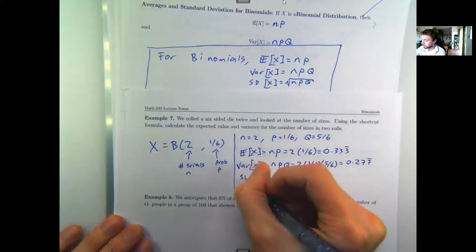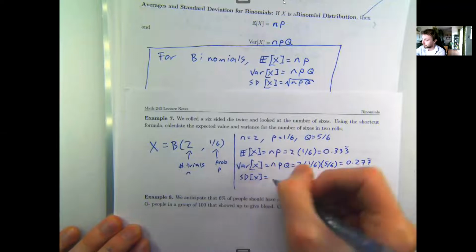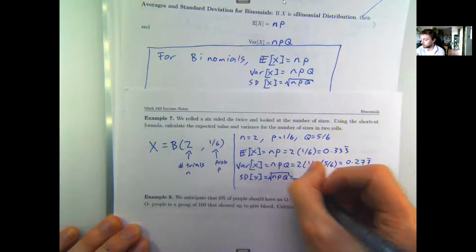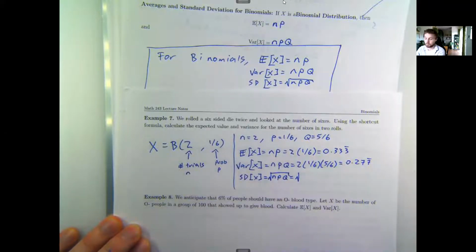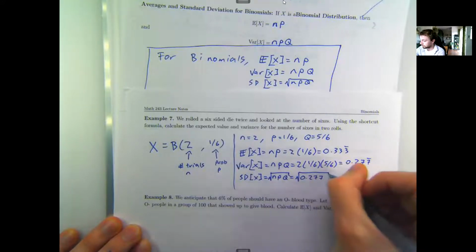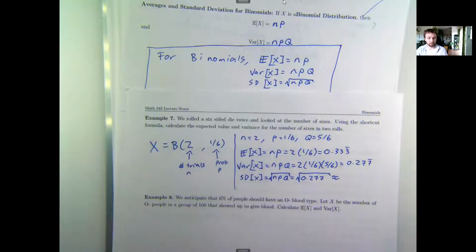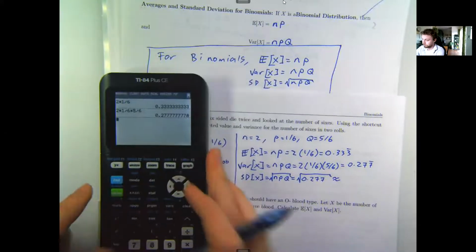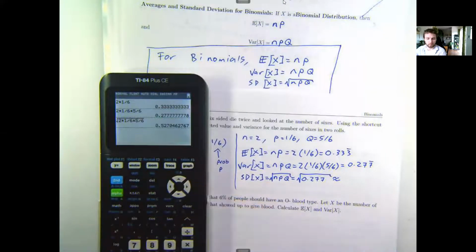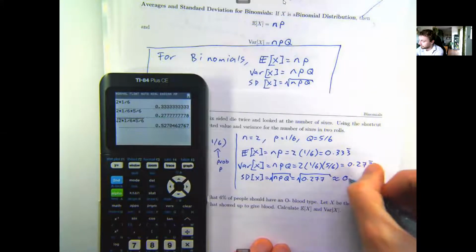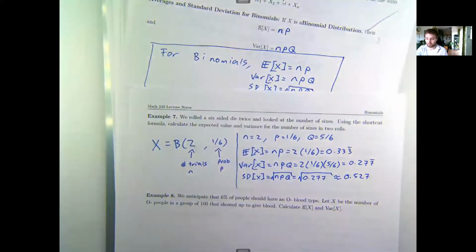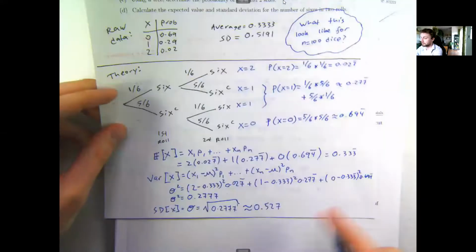To get the standard deviation, I'd look at the square root of n times p times q. In other words, if I wanted that standard deviation, I'd just take the square root of variance. And let's see what this gives us. 0.527, compared to my earlier standard deviation of 0.527.